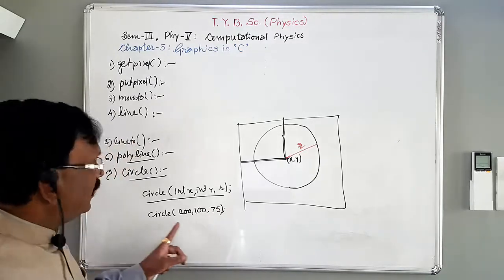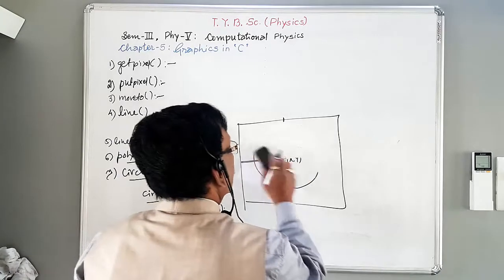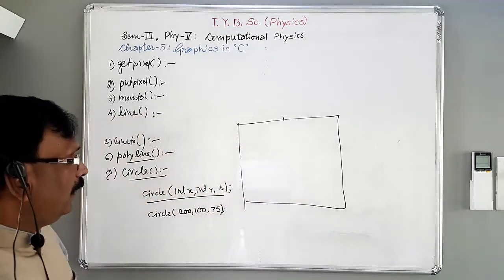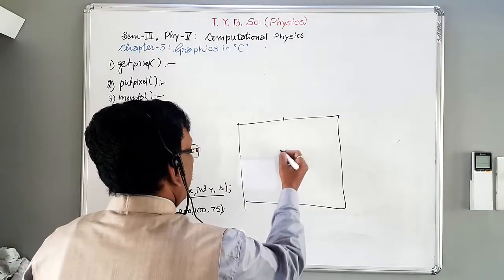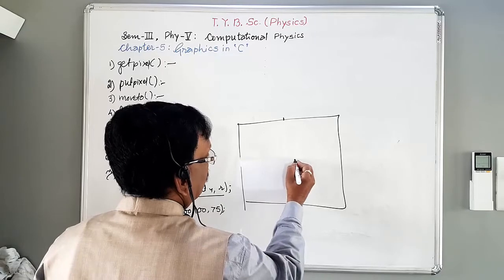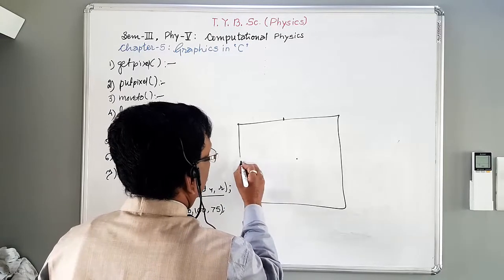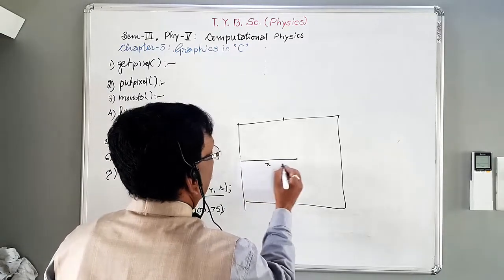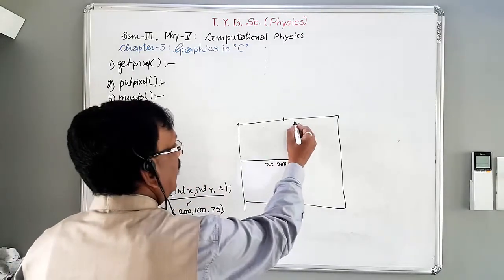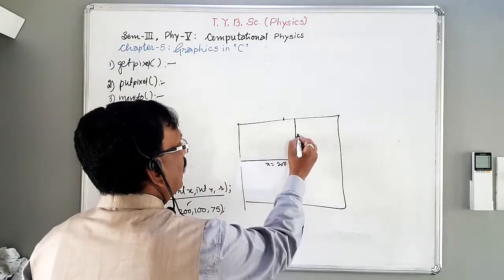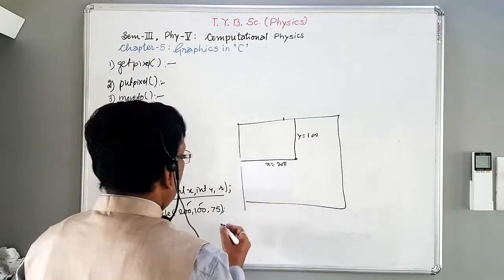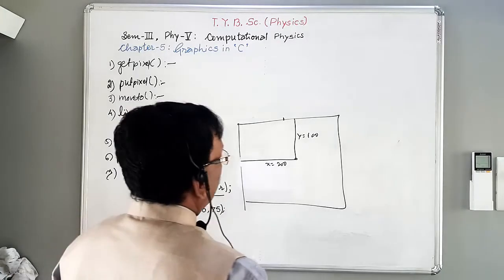After the execution of this command, the circle on the computer screen will be like this. The x coordinate is 200, and the y coordinate is 100, and the radius is 75.